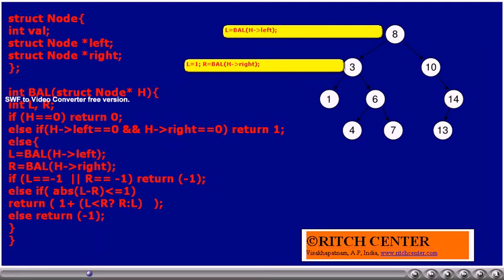Thus the statement R is equal to bal H arrow right is executed. Now we will be traversing the left subtree of node 6. As node 4 is a leaf node, it returns 1.